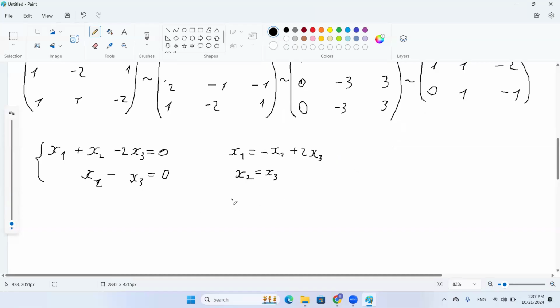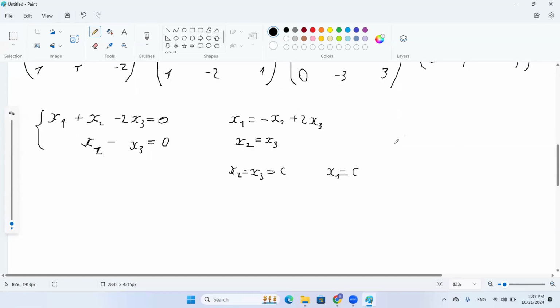So if we mark x2 and x3 as c, just a constant, we will have that x1 equals c. So the kernel of operator A looks like that.